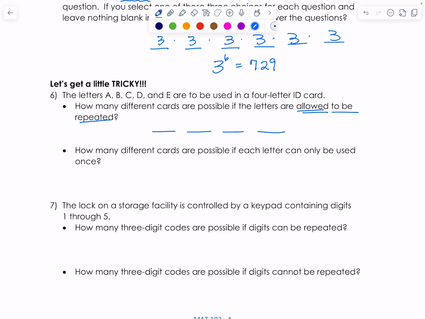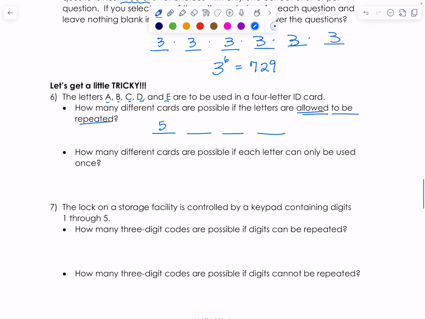In other words, I could have A as one of my choices. So how many letters do we have? 1, 2, 3, 4, 5. So we have 5 different letters we could choose. We have 5 choices for the first one, 5 for the second, 5 for the third, and 5 for the fourth. You just multiply all those together. That's going to be 5 to the 4th. Plug that in your calculator.